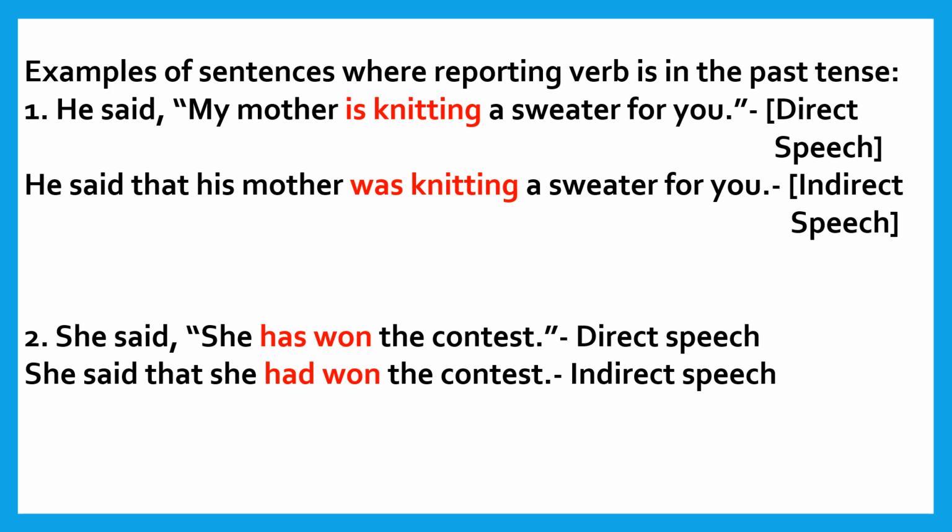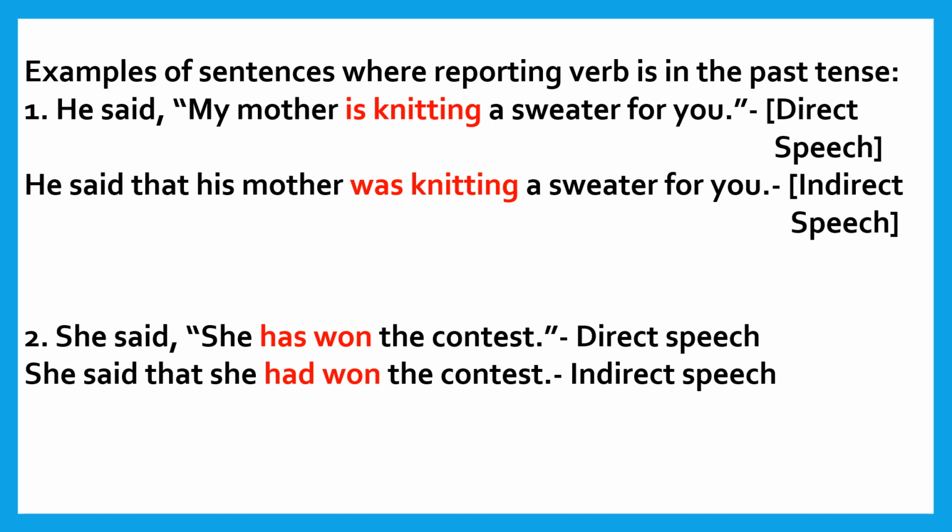When this sentence is converted into indirect speech, there is a change in the tense of the sentence. The sentence becomes, he said that his mother was knitting a sweater for you. The verb "is knitting" becomes "was knitting."